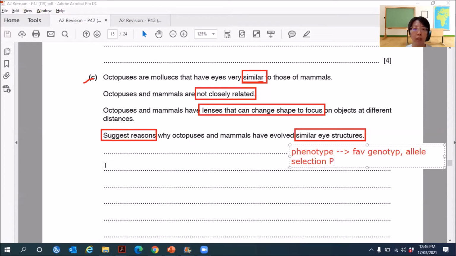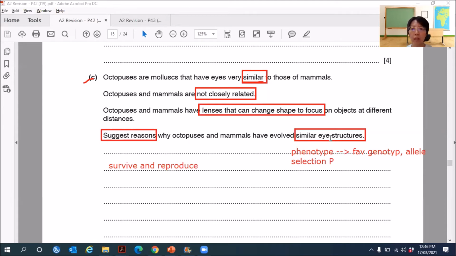Remember, whatever feature is selected by the selection pressure is selected because it allows them to survive and reproduce. So what is the reason that mammals have evolved a similar eye structure? This question is 2 marks.